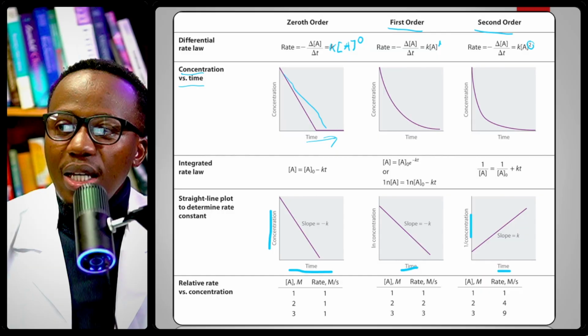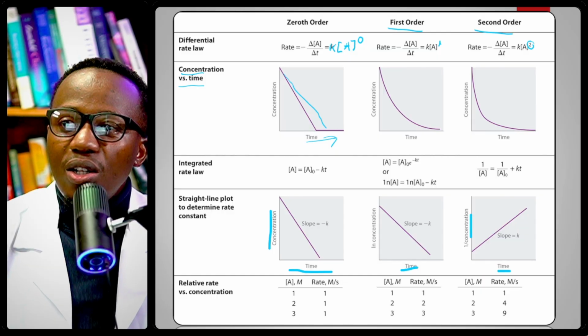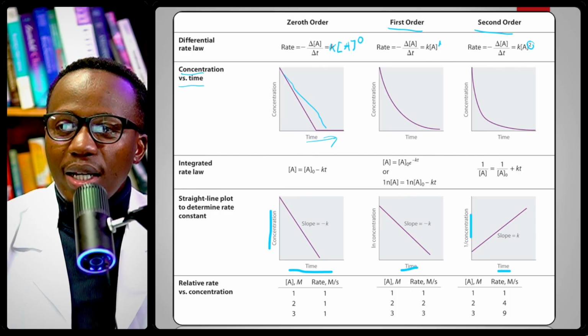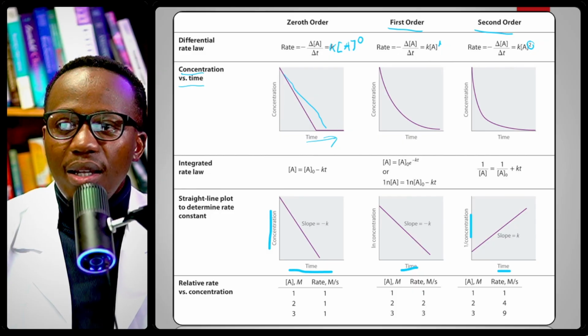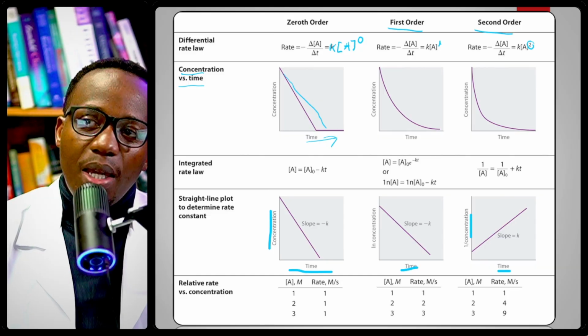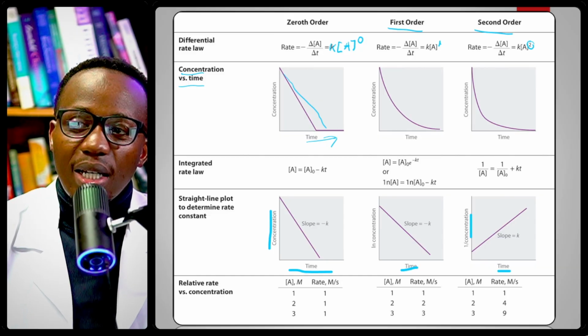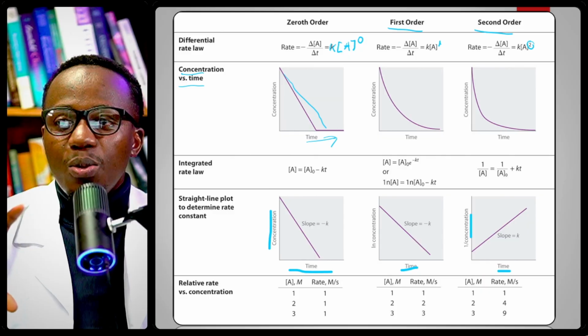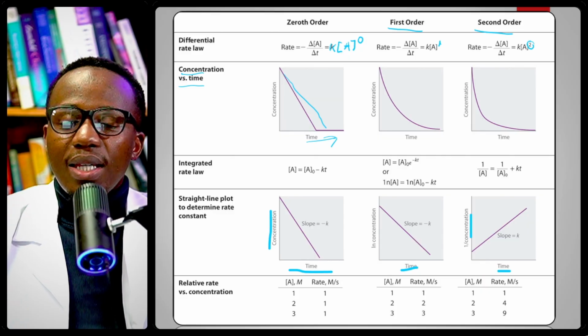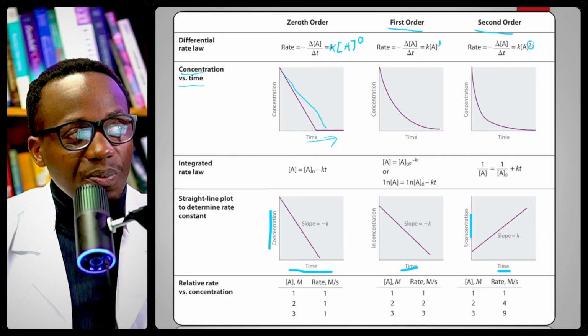And then we're going to see if these look like either a line or kind of a curved line. If it's a linear line, we'll be able to tell if it's zero order, first order, or second order, right? So take this as your reference point.